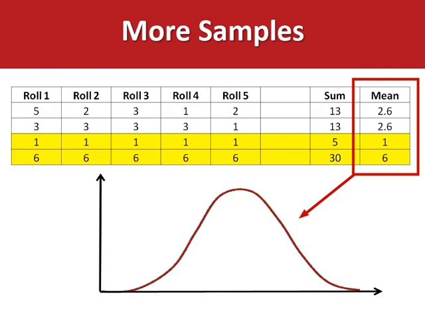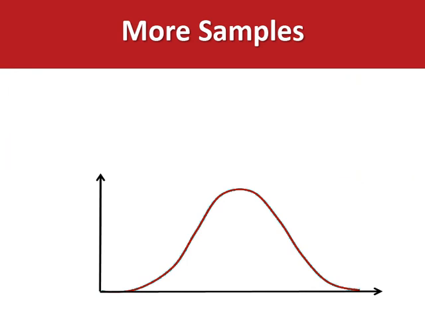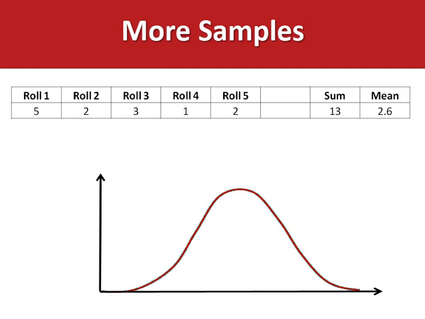But let's remember the business context here. We don't actually have a bunch of samples in the real world, and we can't plot the sample means to determine that it's normal. We have exactly one sample, and that sample has exactly one mean and exactly one sample standard deviation. The power of the central limit theorem is that we can use this one sample mean and this one sample standard deviation to calculate confidence intervals around our sample mean.